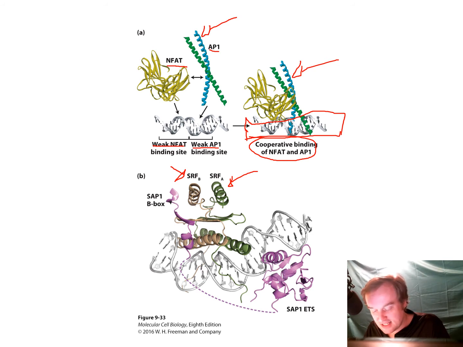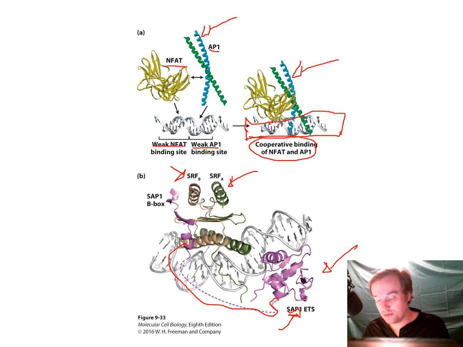But SAP1's got this interesting conformation where it also has a DNA binding domain that goes to the opposite side of the DNA. That's quite a ways, a few base pairs upstream or downstream. And then this is kind of a linker region that links the part that interacts with SRF A and B to that opposite side DNA binding domain.